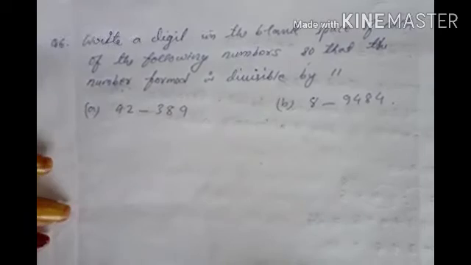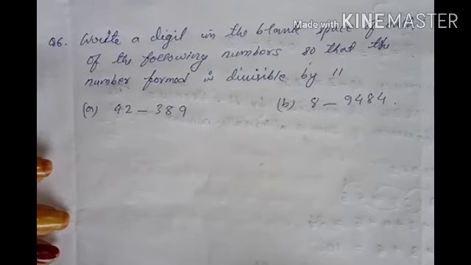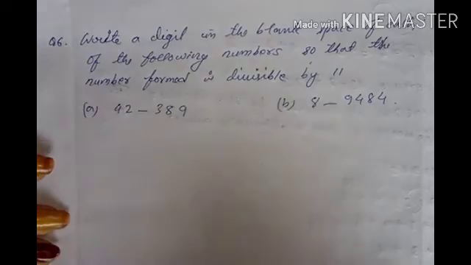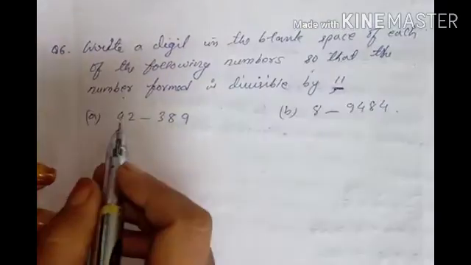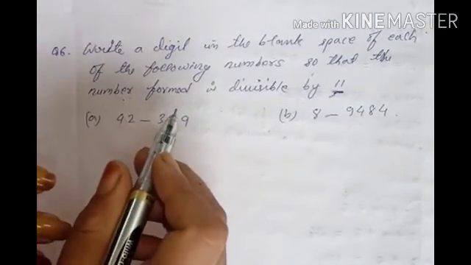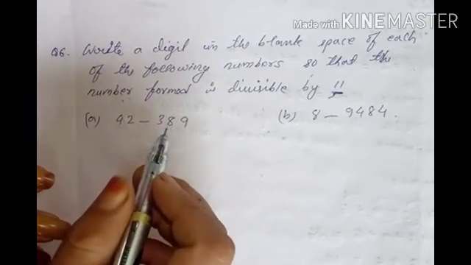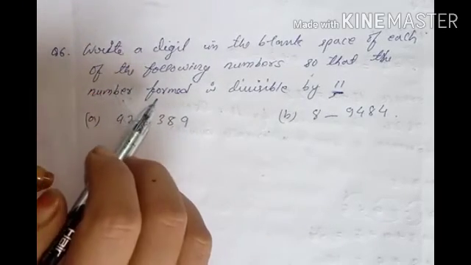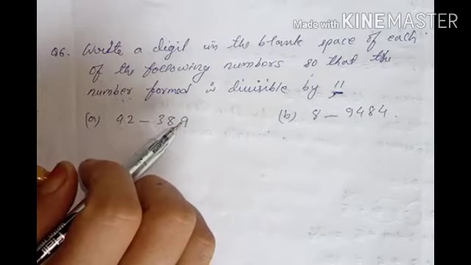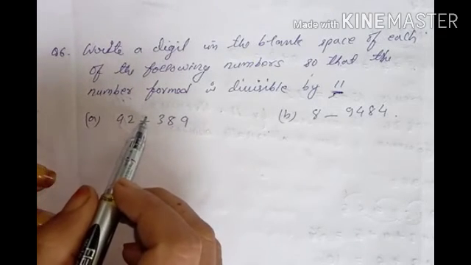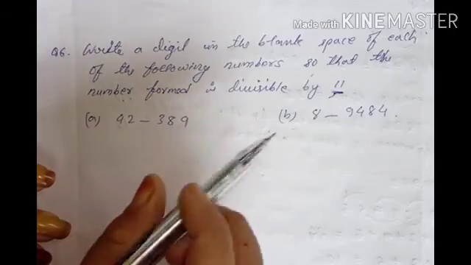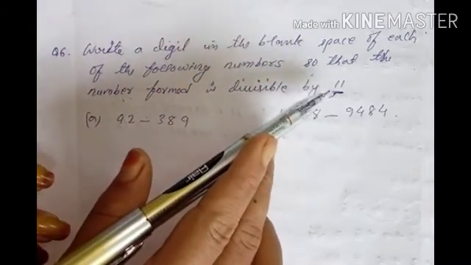Now come to question number 6. Write a digit in the blank space of each of the following numbers so that the number formed is divisible by 11. Now what should be that number? Here the smallest and the greatest are not asked, we just have to find one digit which will make the whole number divisible by 11.